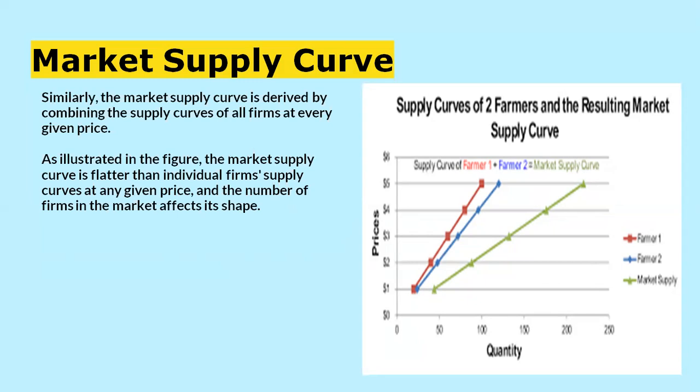As illustrated in the figure, the market supply curve is flatter than individual firms' supply curves at a given price, and the number of firms in the market affects its shape. The more firms there are, the flatter the curve becomes.